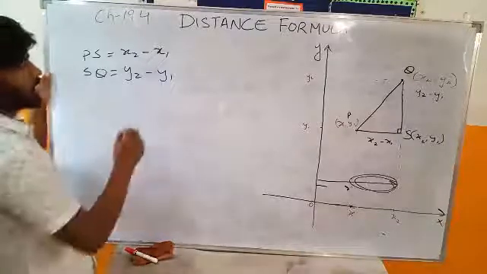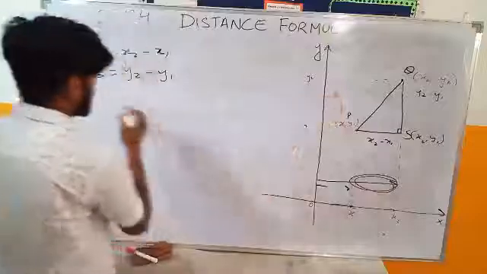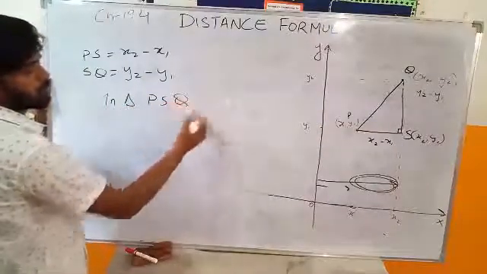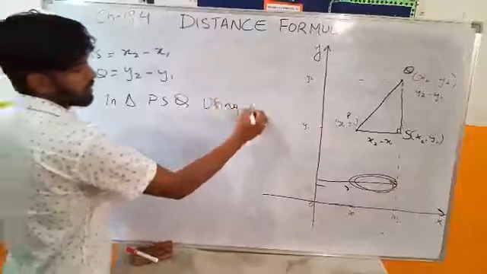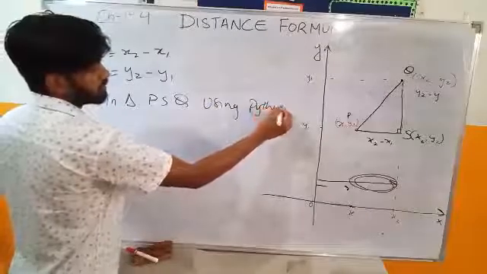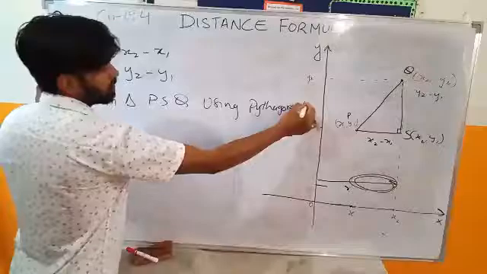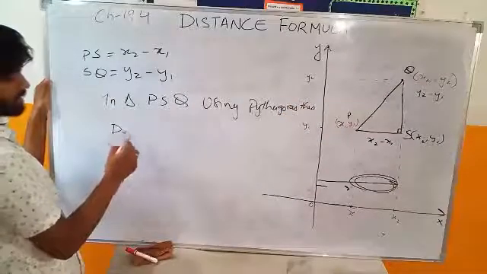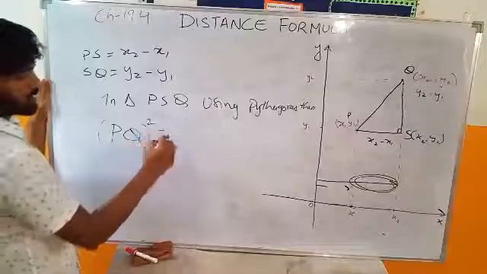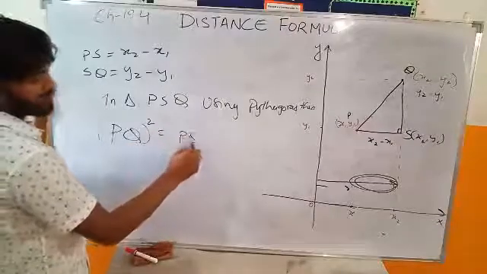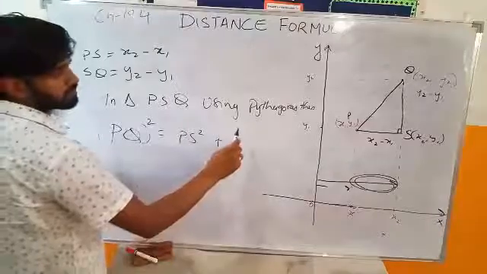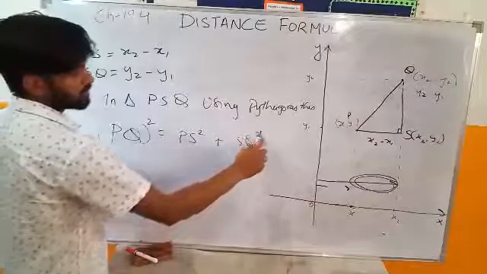ठीक है, अब आपको ये triangle दिख रहा होगा, इस triangle PSQ using Pythagoras theorem. If I use Pythagoras theorem, the Pythagoras theorem looks something like this: PQ का square is equals to PS का square plus SQ का square, right?